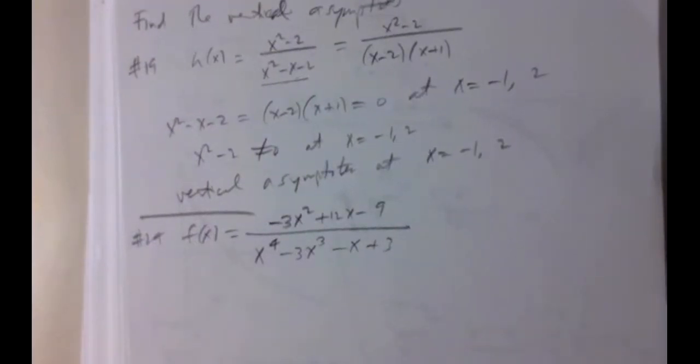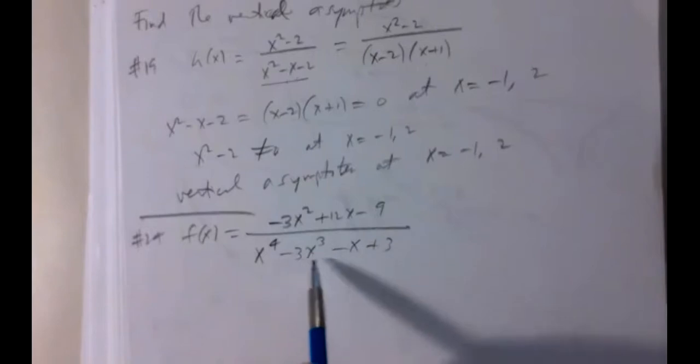So the vertical asymptotes are the places where the denominator is 0, but the numerator is not. So to find where the denominator is 0, we should try to factor the denominator. That's the first step.